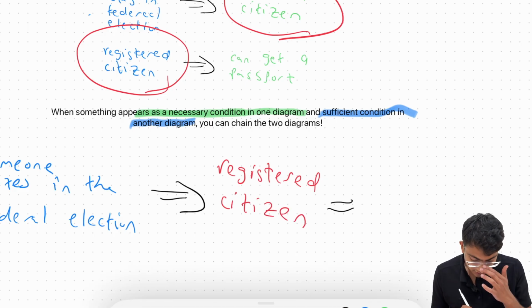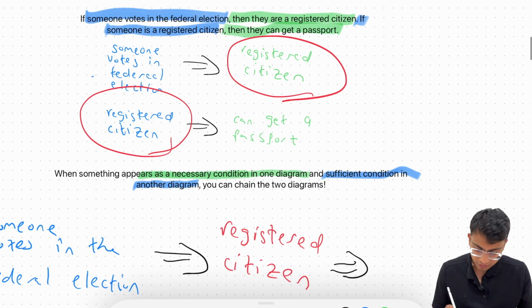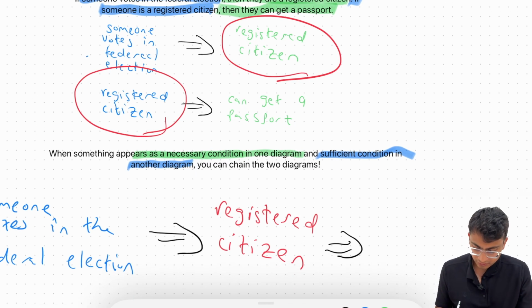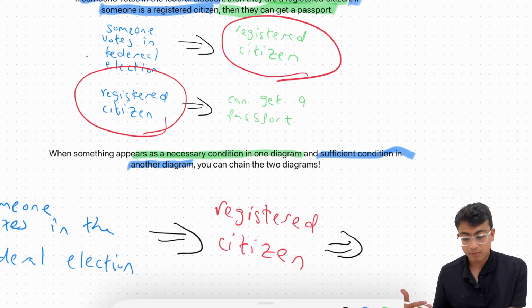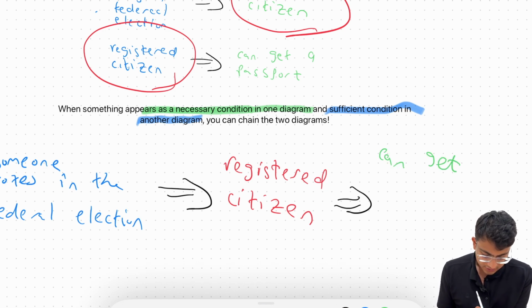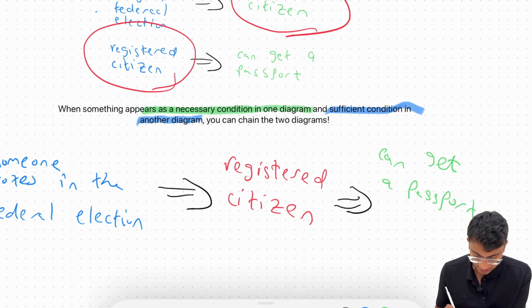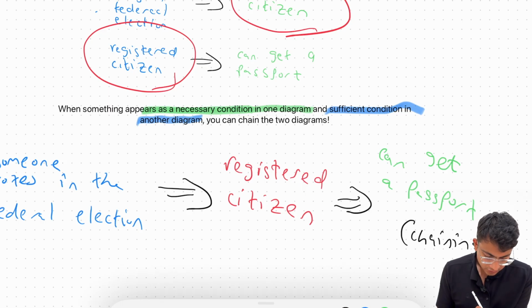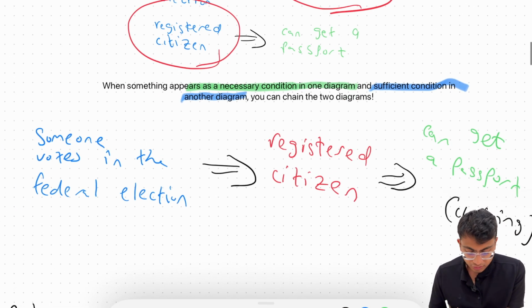And from this, I can now follow the arrow again. Notice how there's an arrow going from registered citizen to can get a passport. So I can just write this, can get a passport. And this is called chaining. What we did was we combined two diagrams into one diagram.